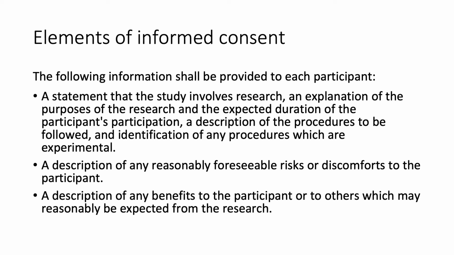Another element of informed consent is a description of any reasonably foreseeable risks or discomforts to the participants. This is where you write out the risks of participating in the research study. Mainly if you're dealing with exercise, you're dealing with increased heart rate, increased breathing, DOMS following exercise for a few days, and possibly lightheadedness while they're exercising.